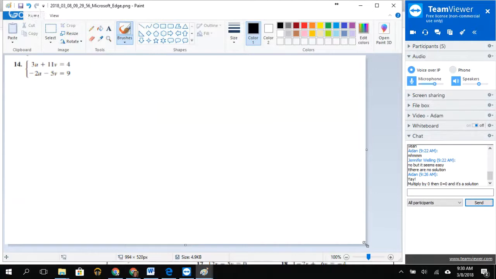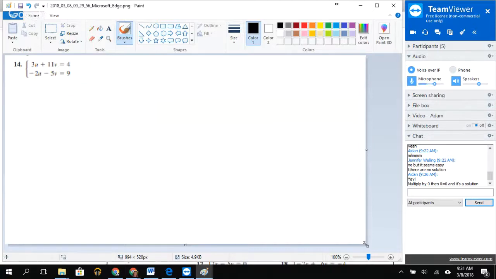What you'll notice here is that for our coefficients of u, we have 3 and negative 2. So unless I plan on multiplying by fractions, which you could do, then we need to transform both the top and the bottom.